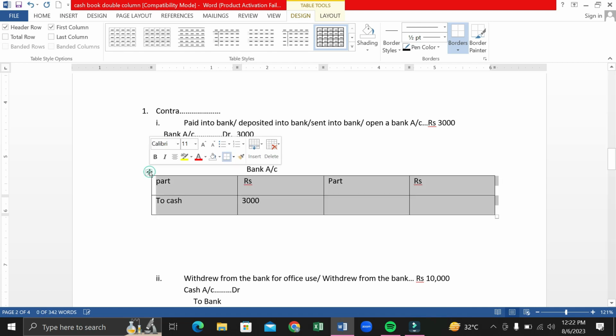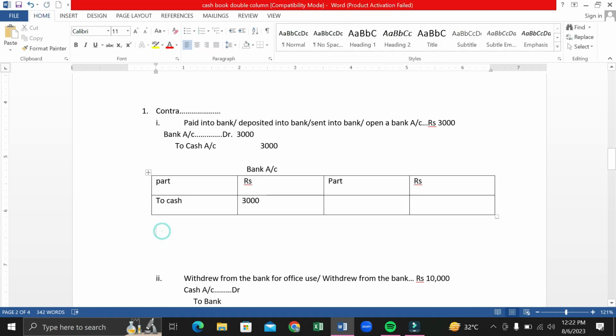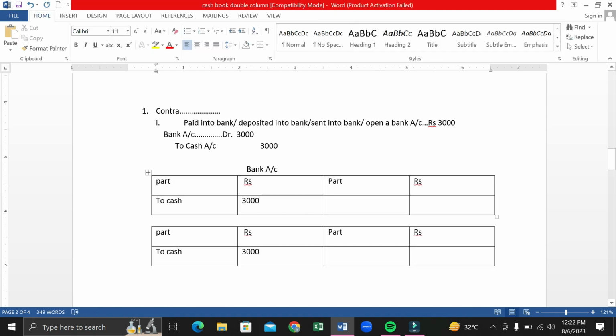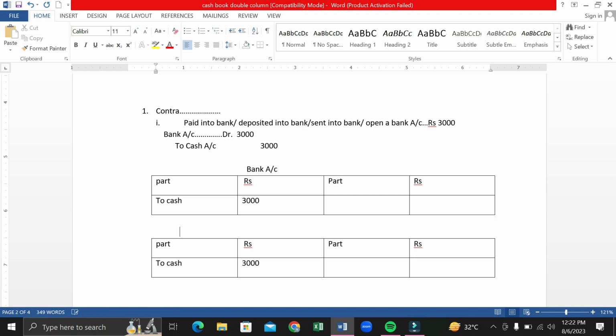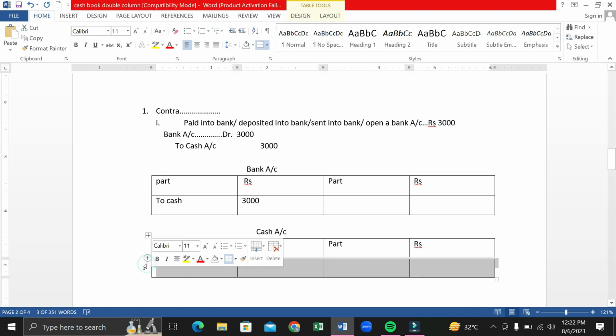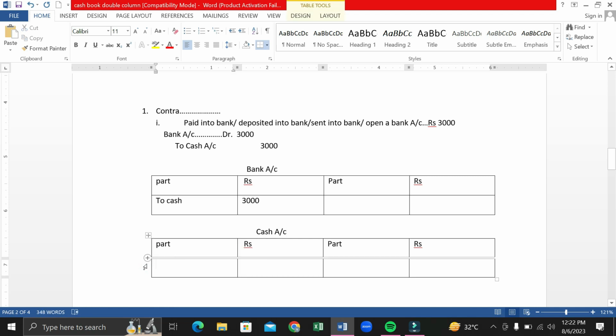On the other hand, just see one more thing: if we are going to prepare a cash account now. Here we are preparing a cash account, cash is credited, that's why in a cash account bank will also be credited.